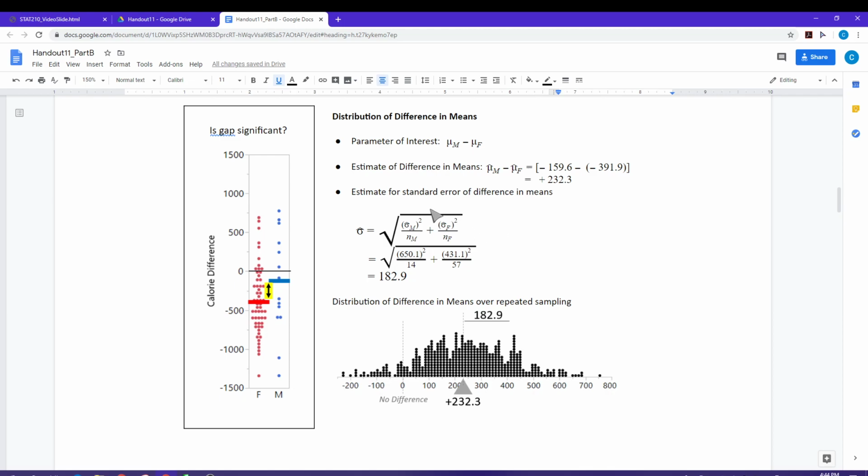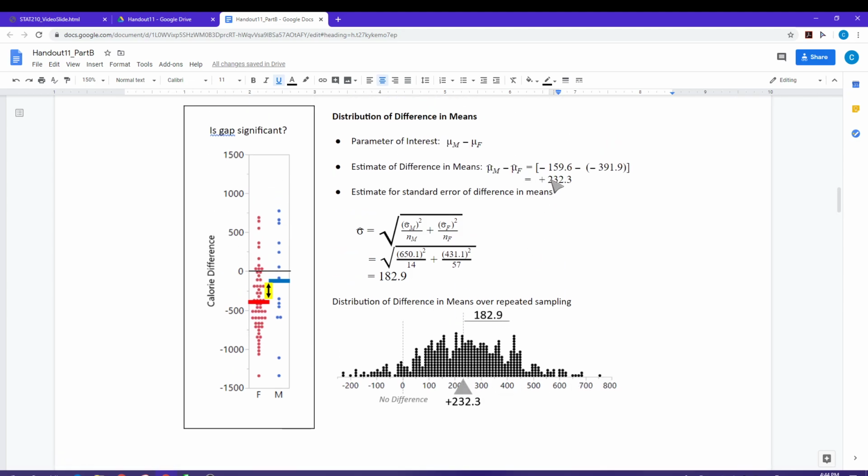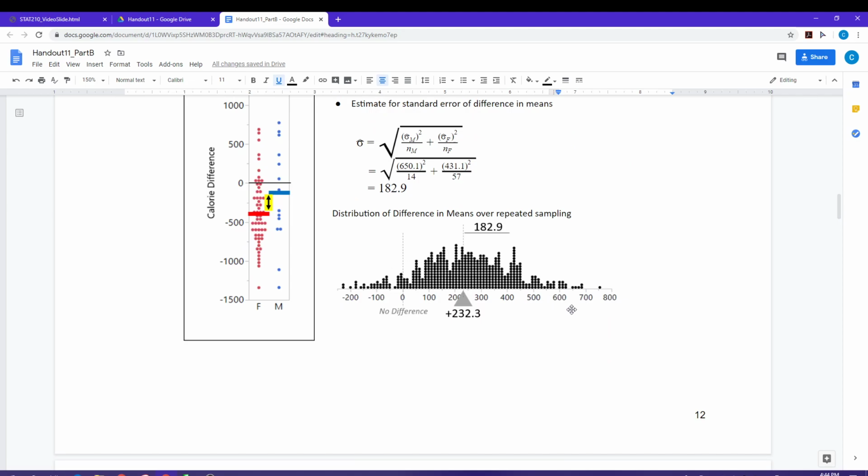When we look at the variation within the groups, I need to compute the standard error for the difference, and that's the equation for that quantity. Again, it uses the standard deviations and the sample sizes from each group. If I were to observe this difference, which here is 232.3, over repeated sampling, then I would end up with this distribution right here. The mean of this distribution is 232, and the variation or standard deviation is given by my standard error for the difference, which in this case is 182.9.